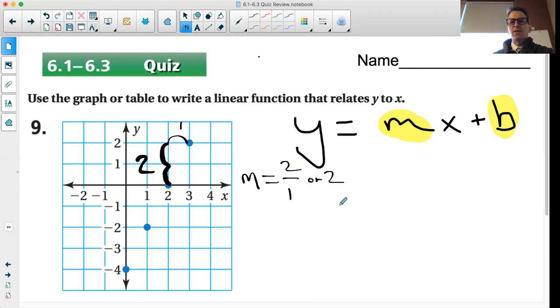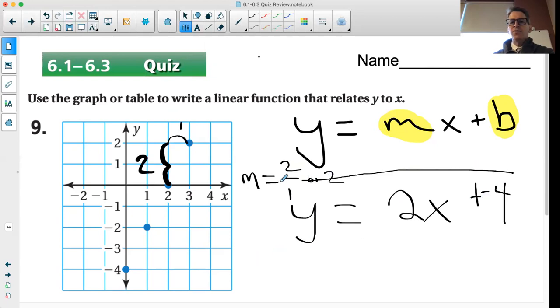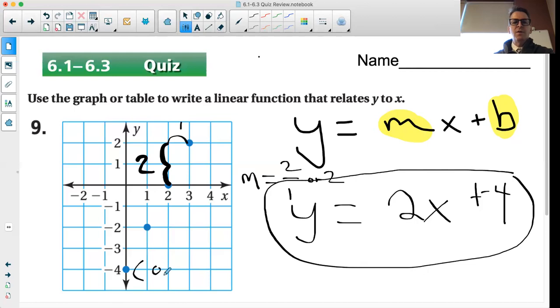That tells me that you've got 2 times x plus, now you have to look for the intercept. The intercept happens to be this point here. When x is 0, y is -4. So your b is -4. So your answer would be y is equal to 2x plus -4. Again, that's your 0, -4 position, where it crosses the y-axis.